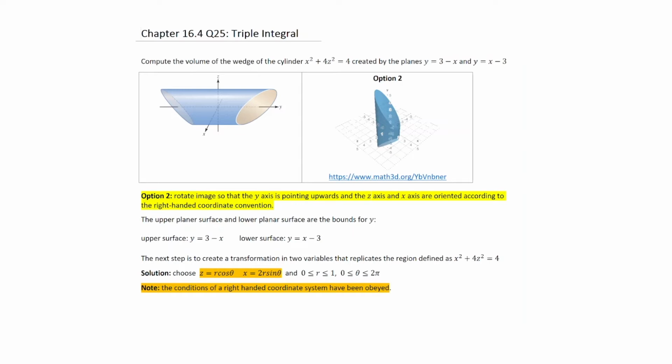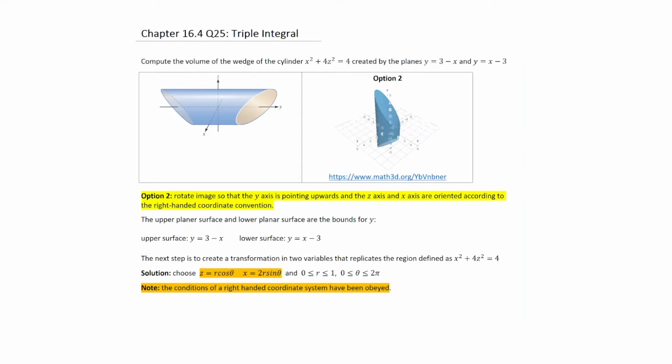And so you end up with 4r squared equals 4 or r squared equals 1. And r can then range from 0 to 1, and theta can range from 0 to 2 pi. So effectively, using that transformation, we're able to sweep out every single point defined by that elliptical cylinder, x squared plus 4z squared equals 4.